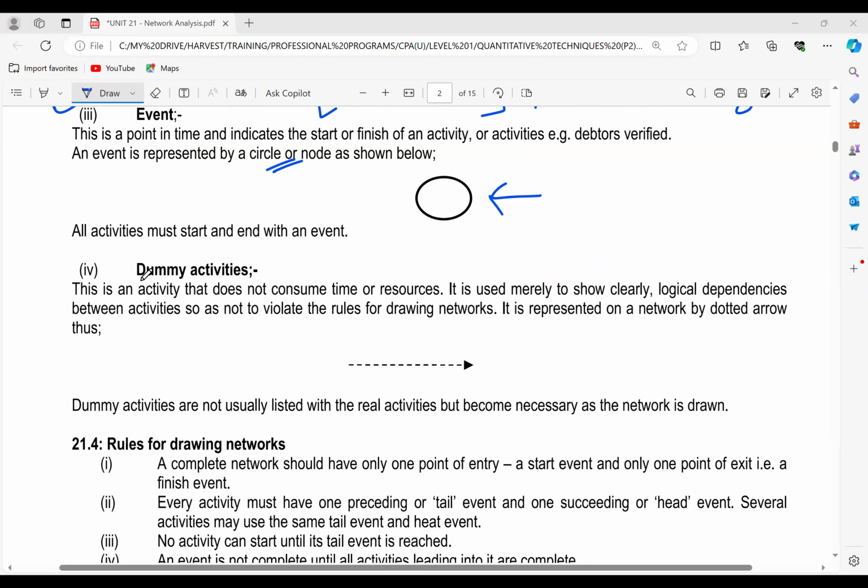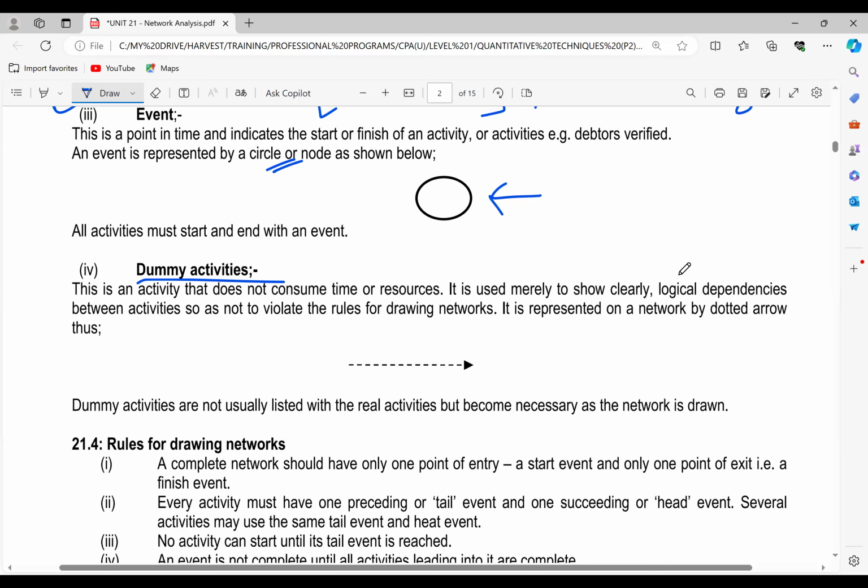Then we shall insert some dummy activities, which are just for compliance, ensuring that we do the right thing when it comes to the preparation of the network diagrams.